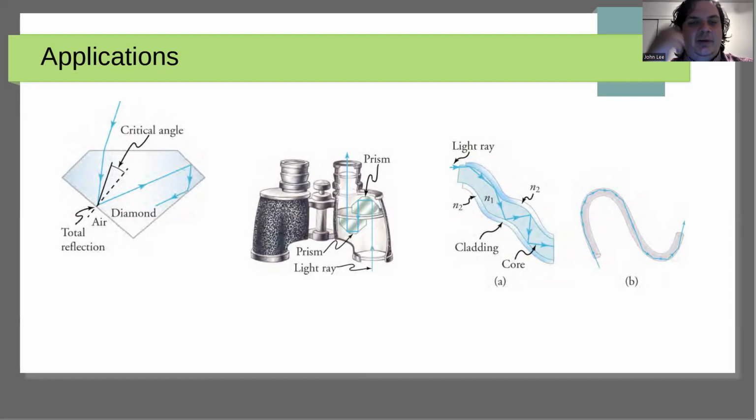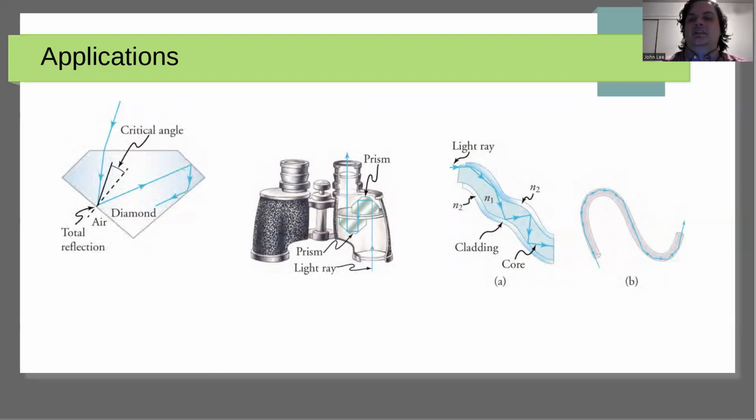Light comes in through one prism, it reflects to the side, it reflects down, it reflects to the side, and it reflects up, so that even though your eyepiece is looking directly at something that's just the inside of the binoculars, you're able to see through the lens of the binoculars through the wider set edge, through this total internal reflection.